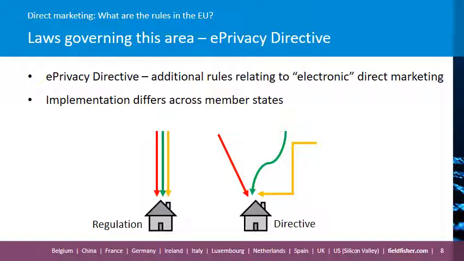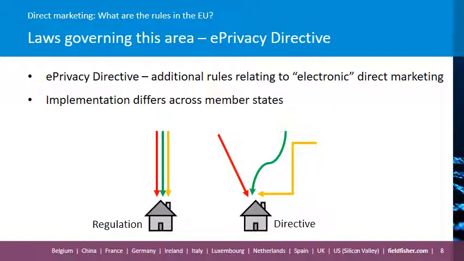So we've been talking about the GDPR and our obligations under the GDPR so far, which is the General Data Protection Regulation. Now, as a regulation, the GDPR has direct effect in all EU member states. By contrast, directives such as the ePrivacy Directive simply set out broad rules or principles that each EU member state has to implement or transpose into their local laws.